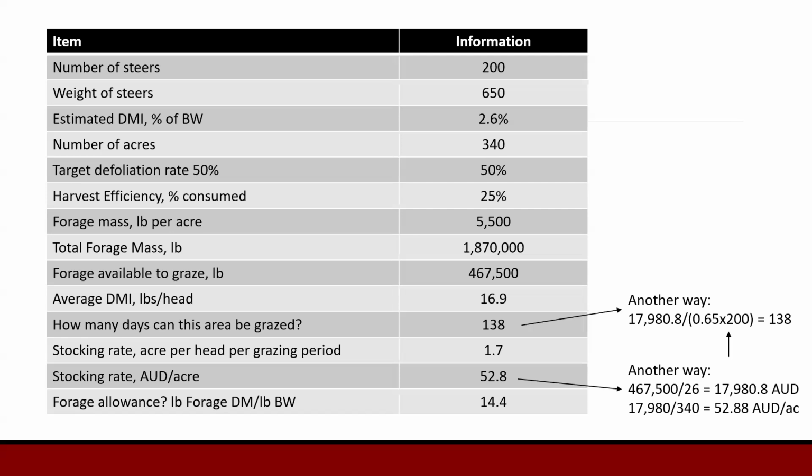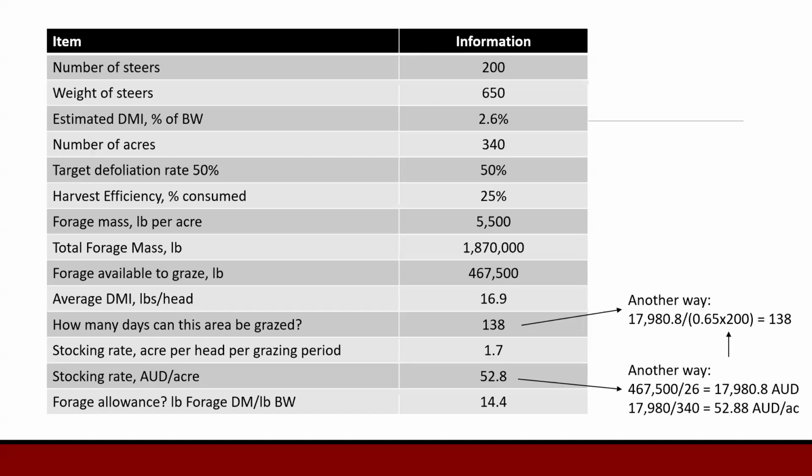So we can support 17,980 animal unit days in the system. 17,980 divided by 340 acres, we can support 52.88 animal unit days per acre.